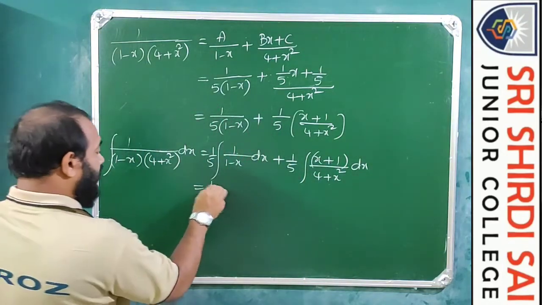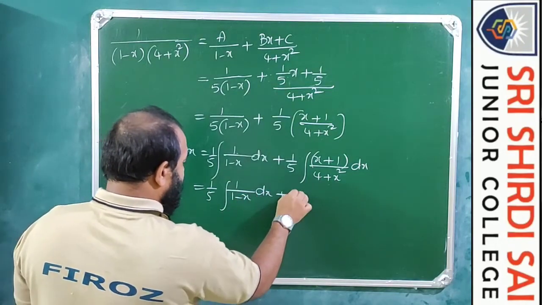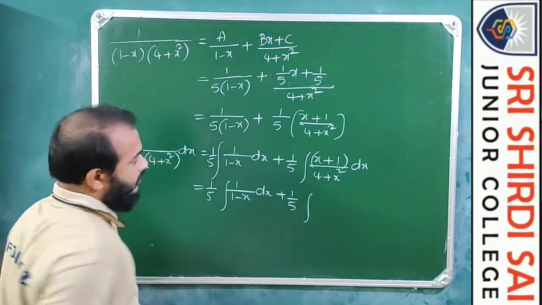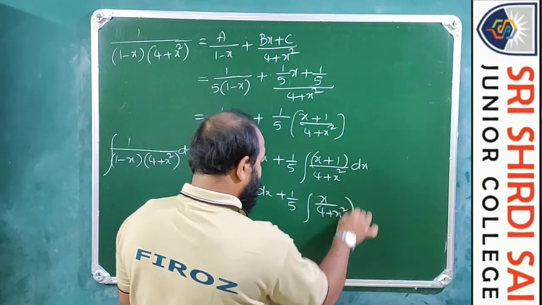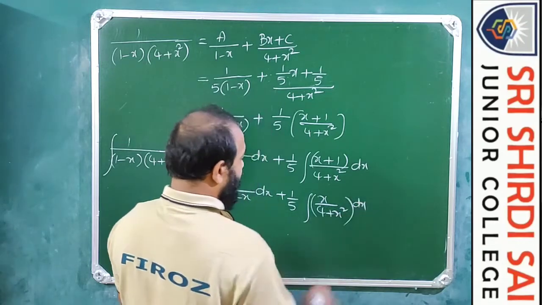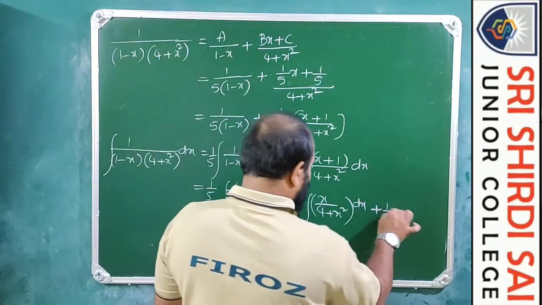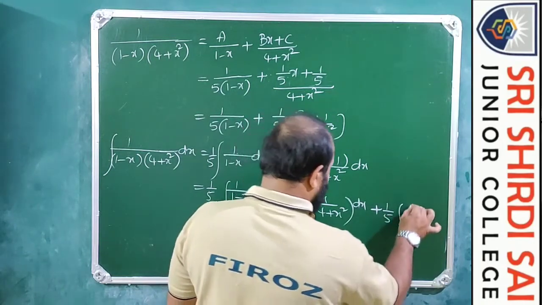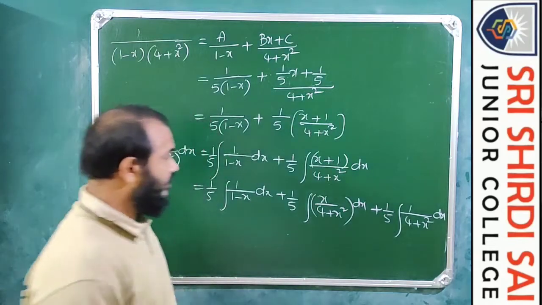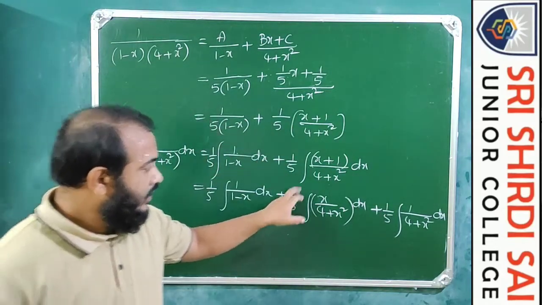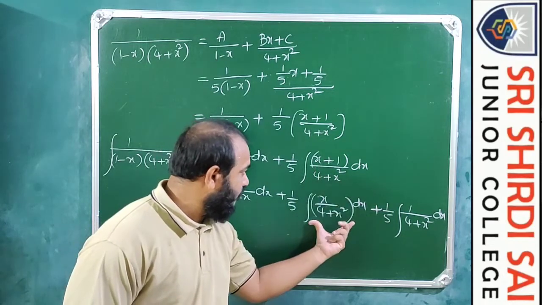So this is 1 by 5 integral 1 by 1 minus x dx plus 1 by 5 integral x by 4 plus x square dx plus 1 by 5 integral 1 by 4 plus x square dx.